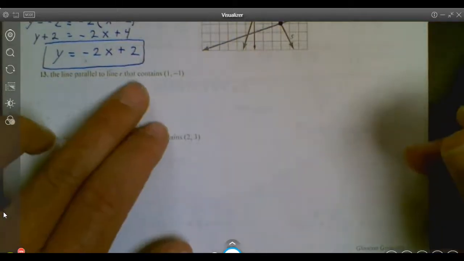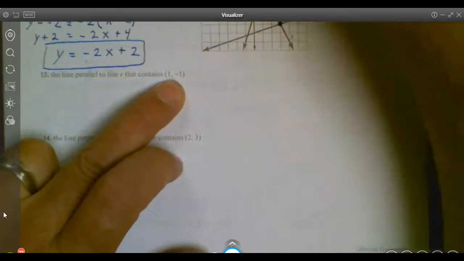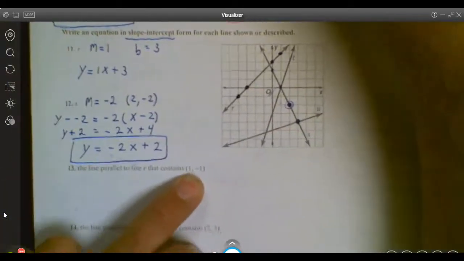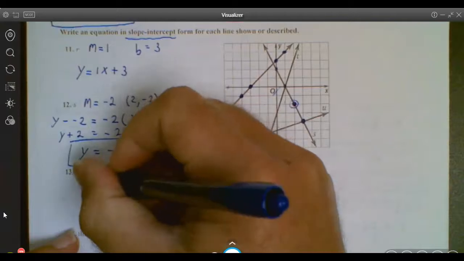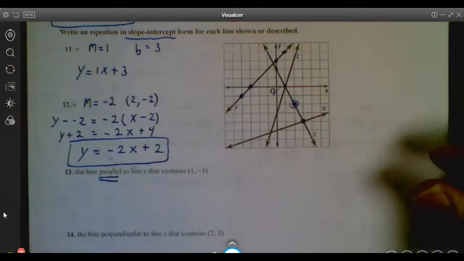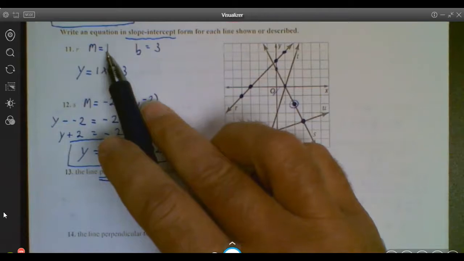All right, last two, we need the line parallel to line R containing this point. So let's go back to line R for just a minute. What do we know about parallel lines? Parallel lines have the same slope. So what was the slope of line R? It was 1.